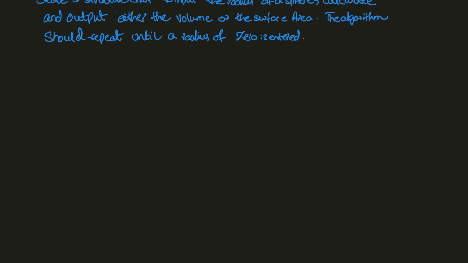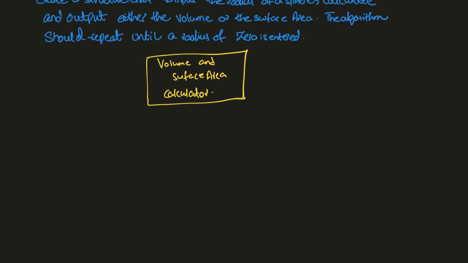So we'll start by making this structure chart. The top of the chart would be the volume and surface area calculator. This is our topmost hierarchy module, and whatever happens will happen inside of it.